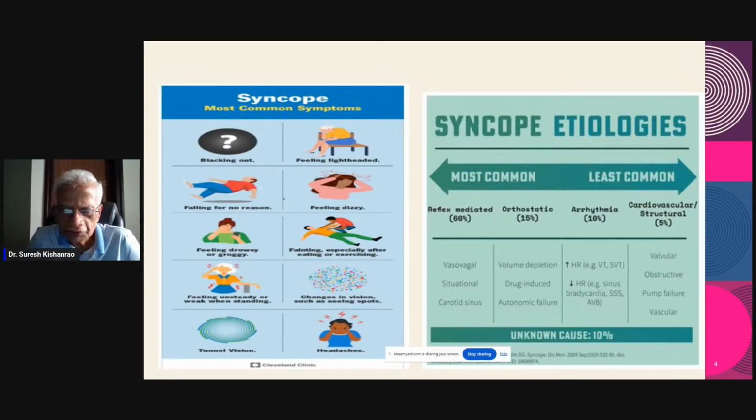These contribute about 15% of the syncopes. 10% are cardiac causes, usually arrhythmias, either brady or tachyarrhythmias. Structural problems account for about 5%, basically valvular, obstructive, pump failure, and vascular causes.